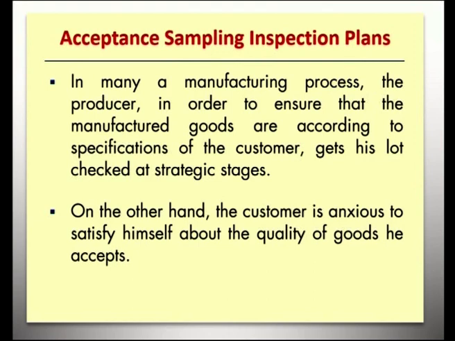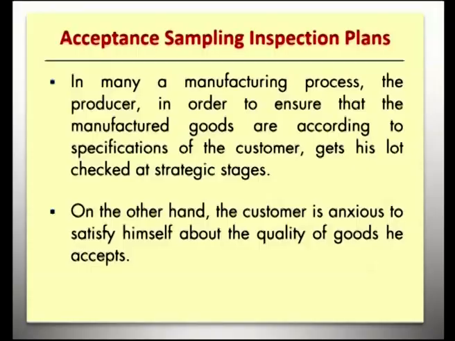That is, at a particular stage the item is checked, the process is made to run, and again the item is checked for quality control. It is the job of the producer to satisfy the customer. What is the job of the customer? The customer is anxious enough to satisfy himself about the quality of goods he or she accepts.